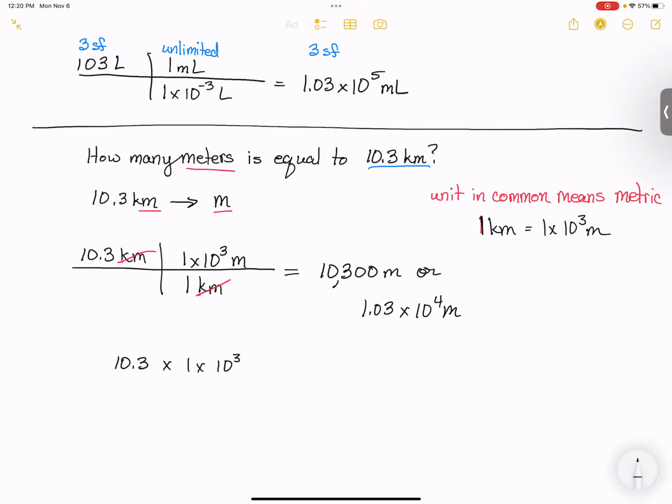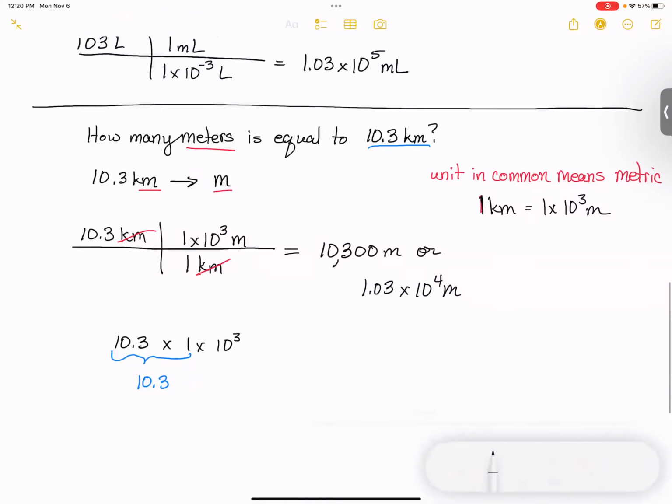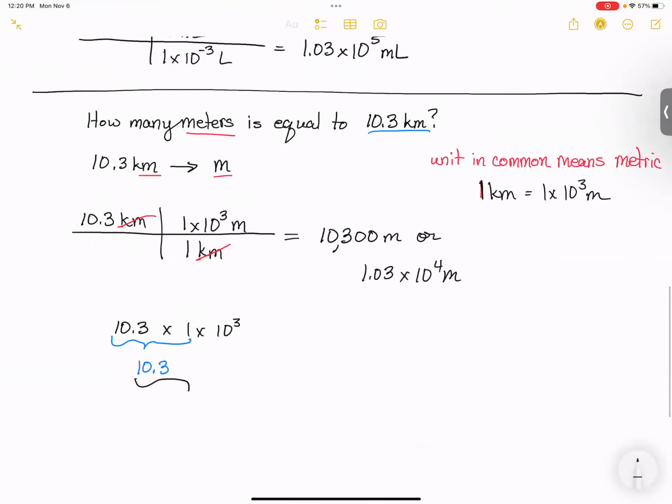If you key it into the calculator this way, the calculator literally goes, okay, I'm going to multiply 10.3 times 1, and then I'm going to multiply that by the 10 to the third. So it does some weird stuff in a calculator.